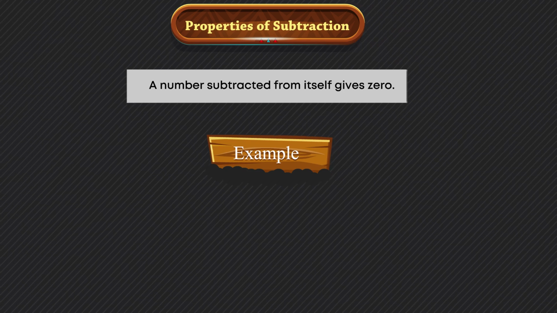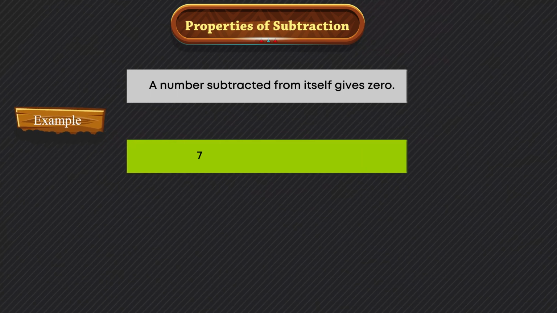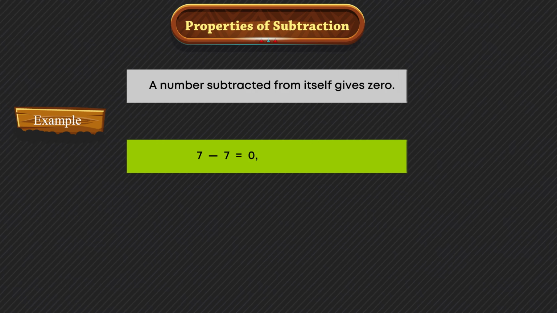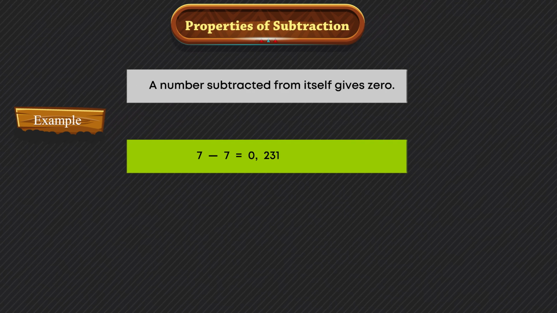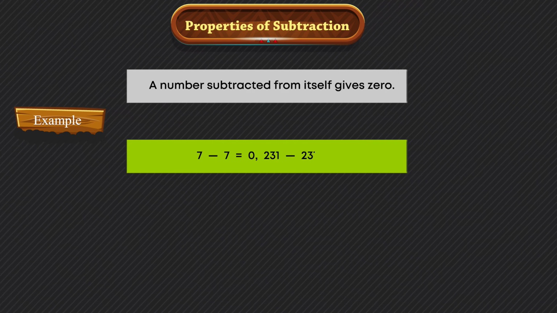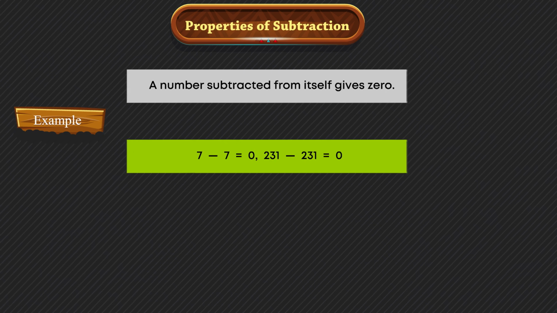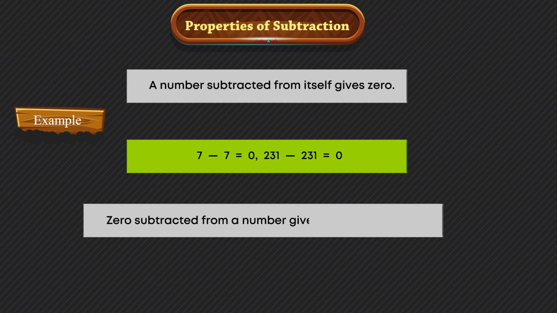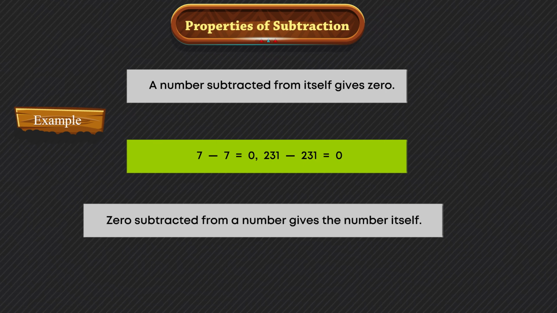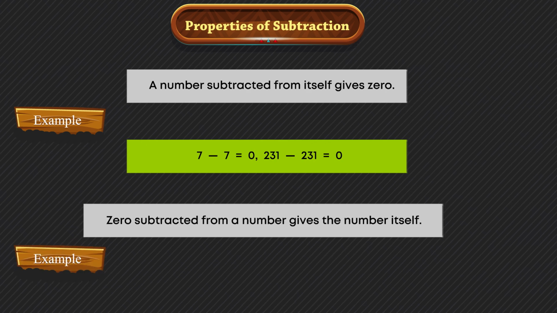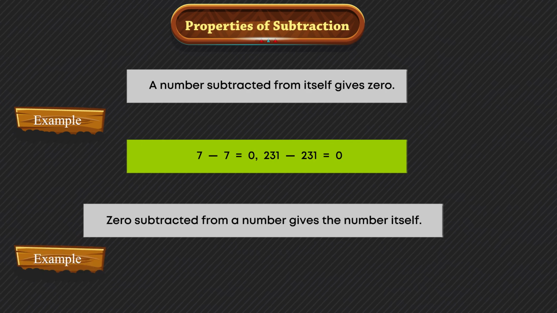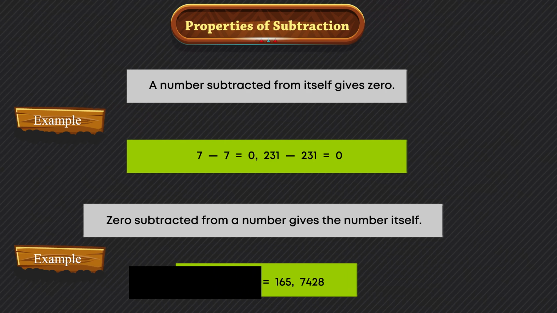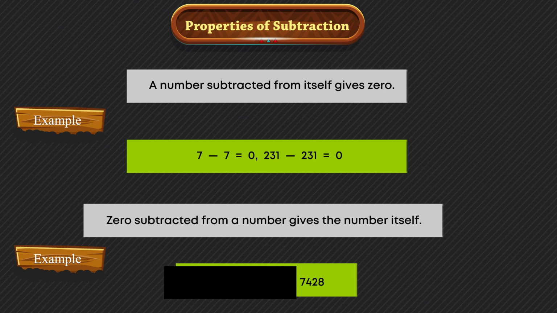Example. 7 minus 7 is equal to 0. 231 minus 231 is equal to 0. 0 subtracted from a number gives the number itself. Example: 165 minus 0 is equal to 165.